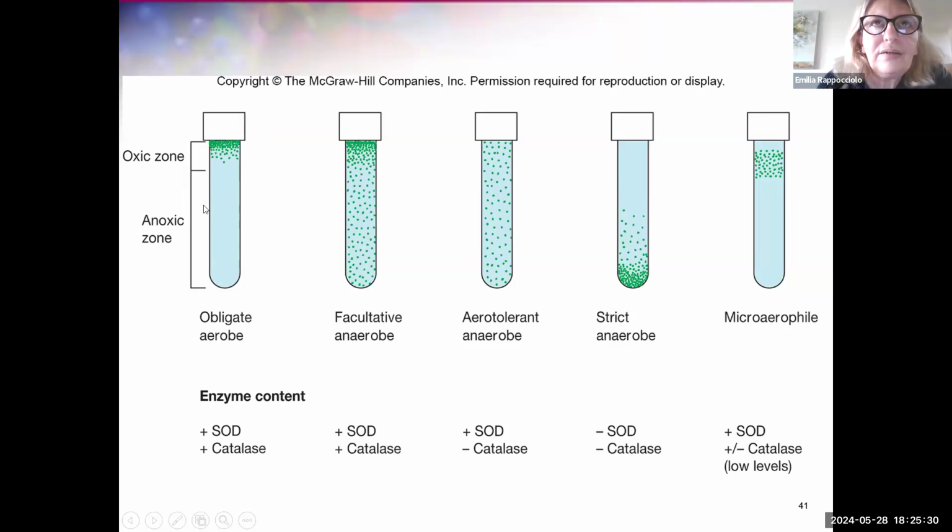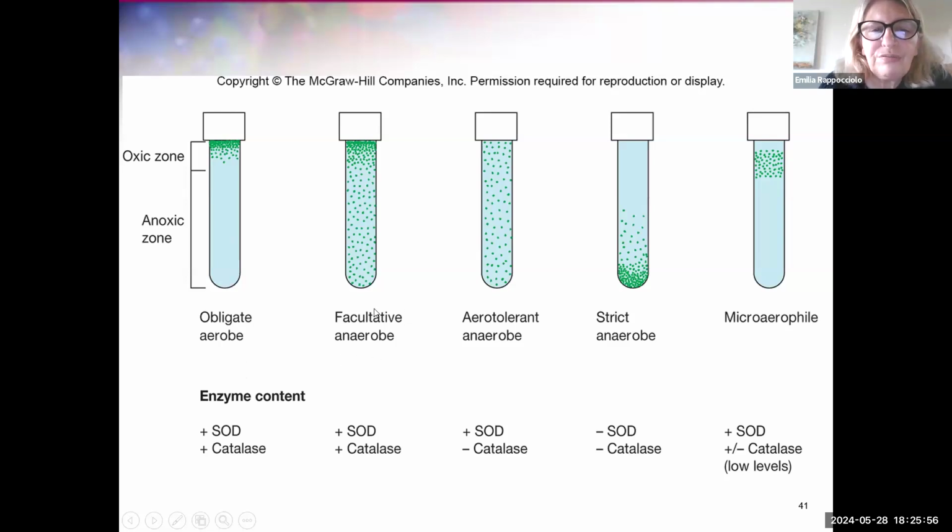They can survive this high concentration of oxygen because they have, as enzymes, superoxide dismutase and catalase, which both work for removal of reactive oxygen species, so oxygen doesn't damage these cells.